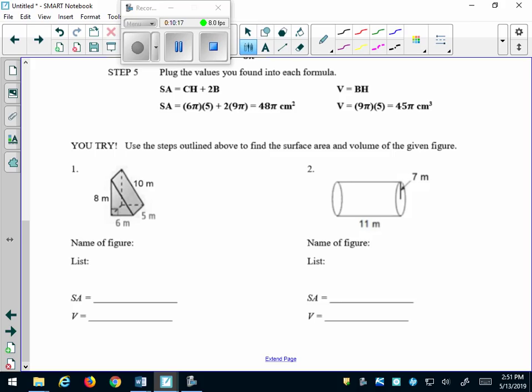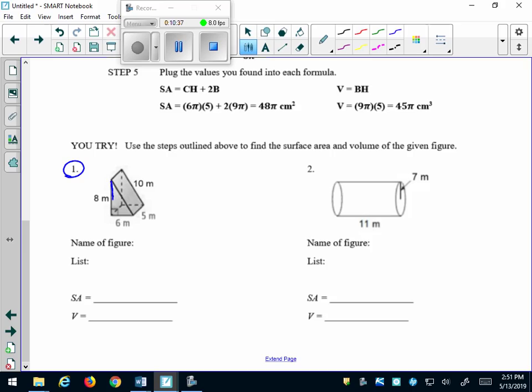So in number 1 here, remember, base does not mean bottom. Base means the two polygons that are congruent and parallel to each other.